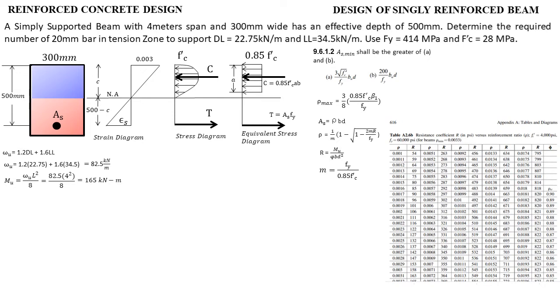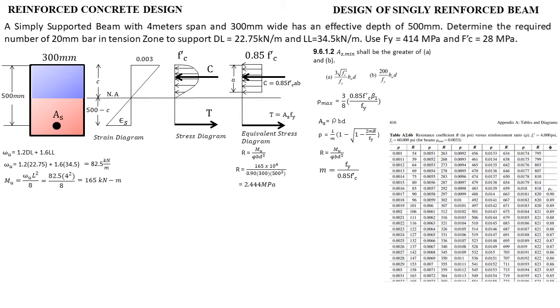Okay, now we will solve the value of R. R is equal to Mu over phi b d squared. Substituting, the factored load Mu is 165 times 10 raised to 6, over phi which is 0.9, b which is 300, times d which is 500 squared, and that gives us R equal to 2.44 megapascal.